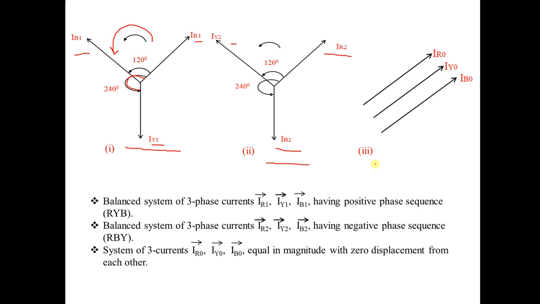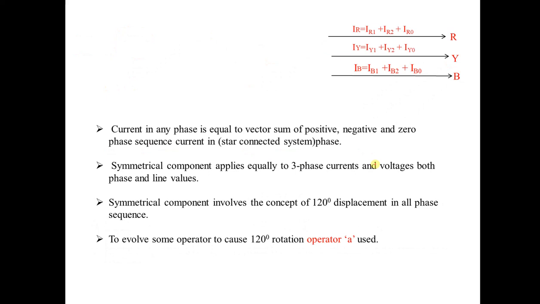The current in any phase is equal to the vector sum of the positive, negative and zero sequence currents. This is the representation for the current sequence.